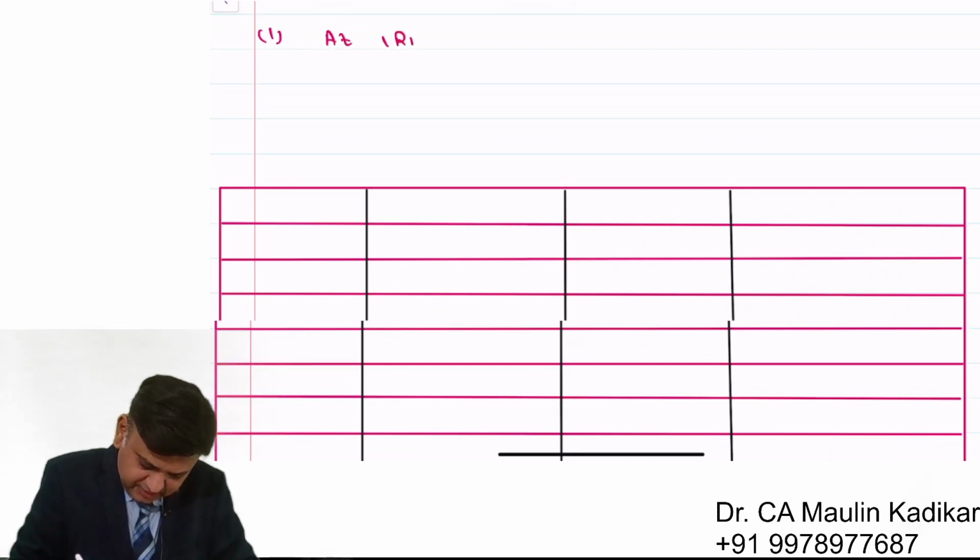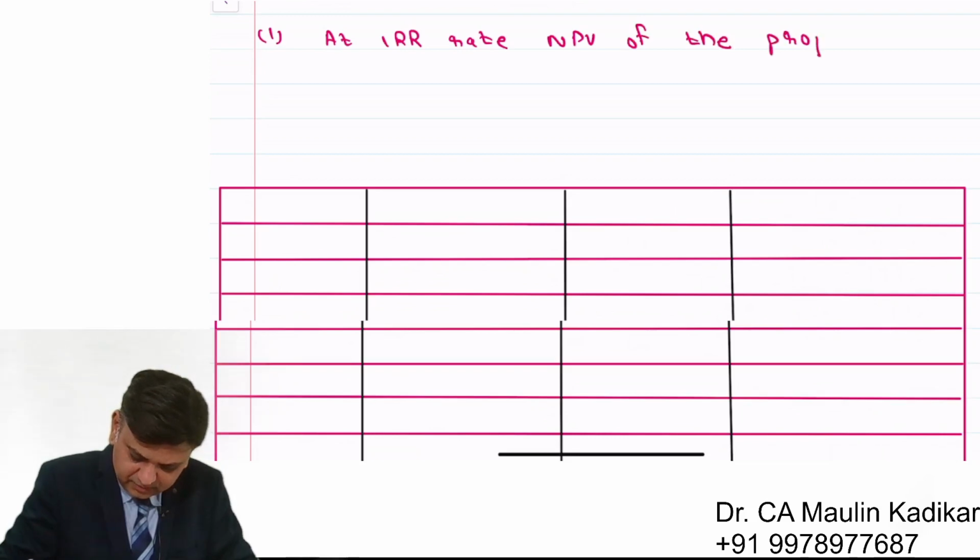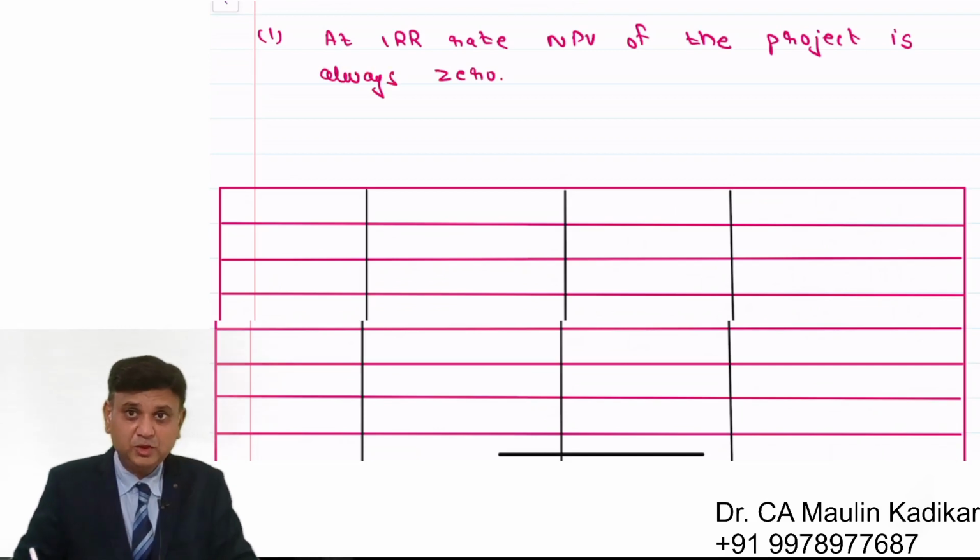At IRR rate, NPV of the project is always 0. Full stop.